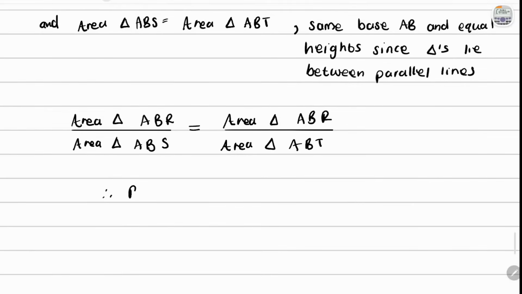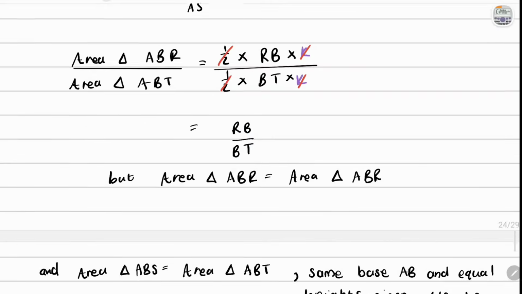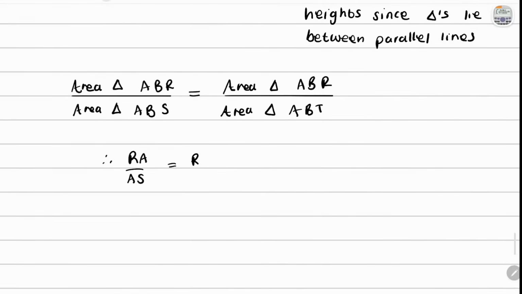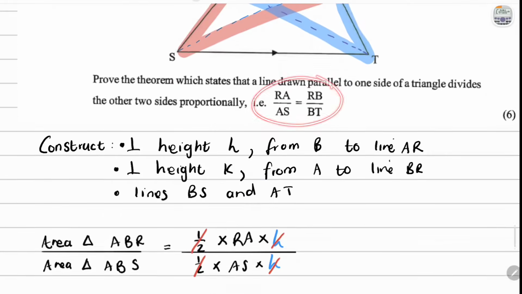So that concludes that RA over AS is equal to, and those ones simplified to RB over BT. So equal to RB over BT. And there we go. We have proven exactly what they asked us to prove.